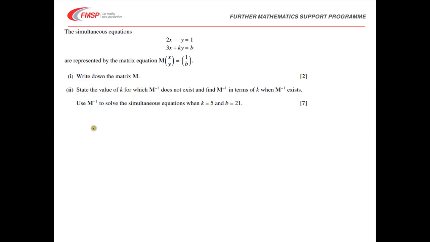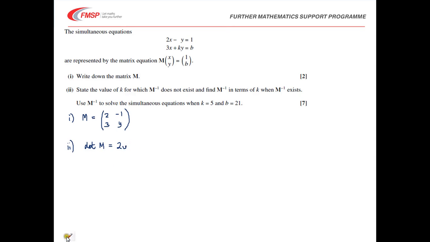So first of all, write down the matrix M. That's 2, 3, minus 1, y. So state the value of k for which that doesn't exist. So I need the determinant of M. That's 2y.